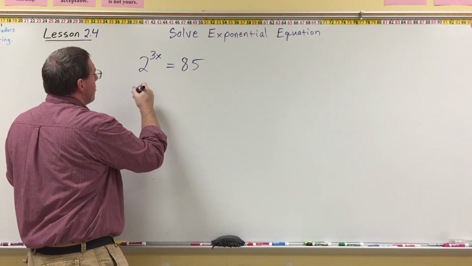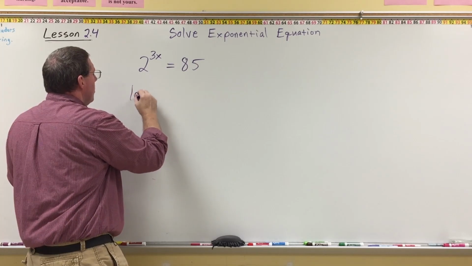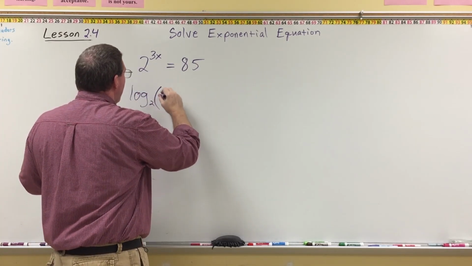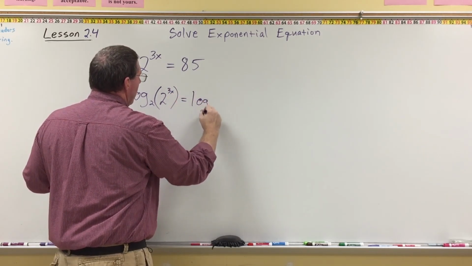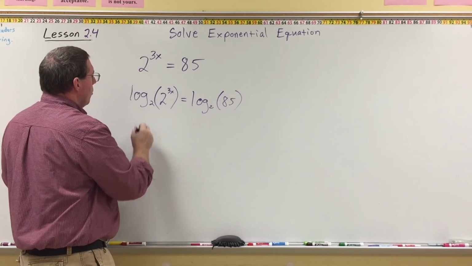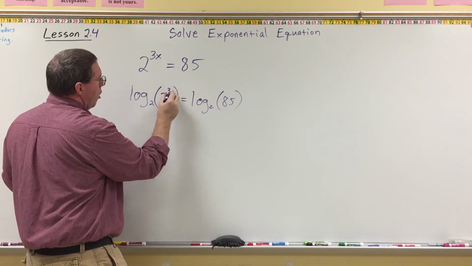So how are we going to cancel this exponential base of 2? We're going to use a logarithm. So we're going to do log base 2, because the exponential base is 2, of 2 to the power of 3x is equal to log base 2 of 85. And then we're going to cancel log base 2 of 2. Well, let's do it the long way just for a minute.